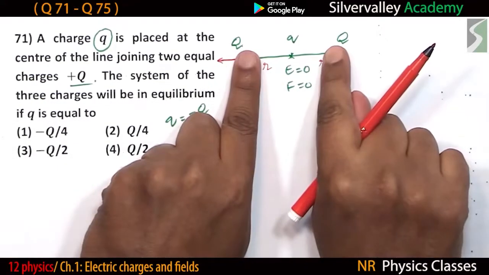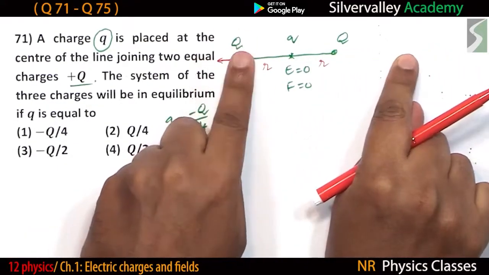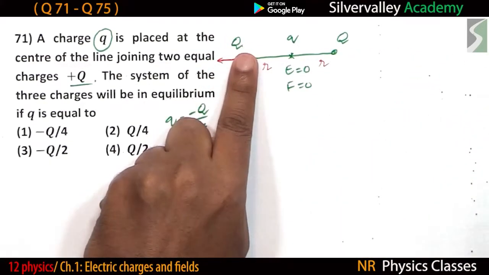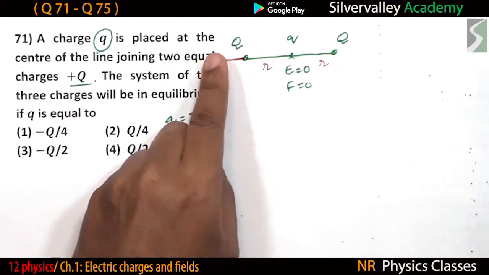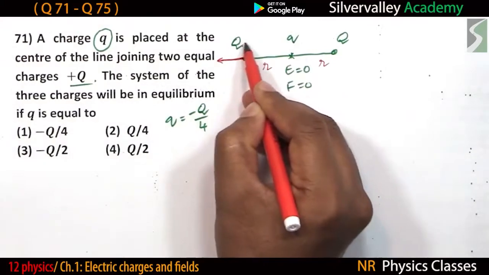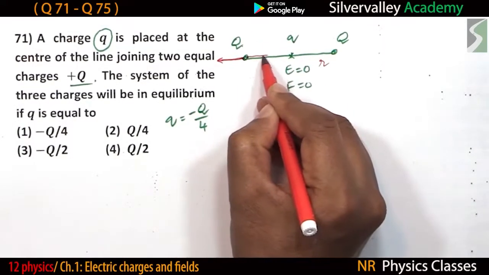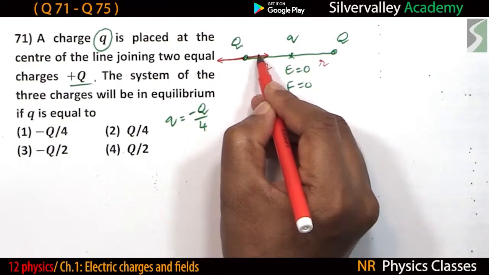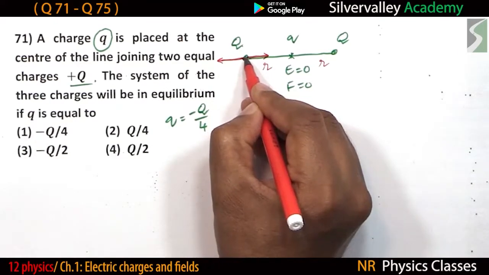So there is repulsion between these two. Observe this charge. Because of repulsion, this charge experiences force in this direction. Suppose force between these two is in this direction and the magnitude of this equals the magnitude of this, then the resultant force is also 0.